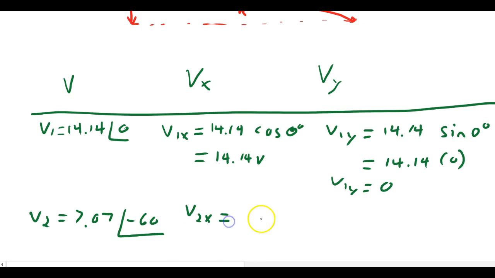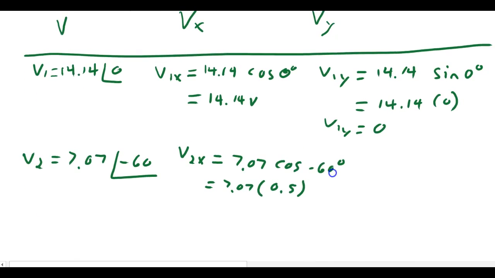V2x is 7.07 times the cosine of negative 60 degrees. 7.07 multiplied by 0.5 gives us an x component for V2x of 3.54 volts.